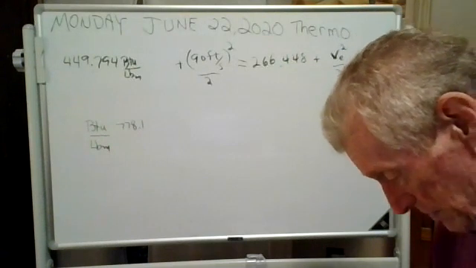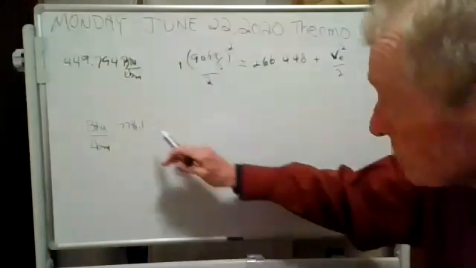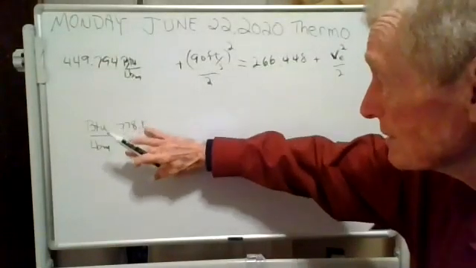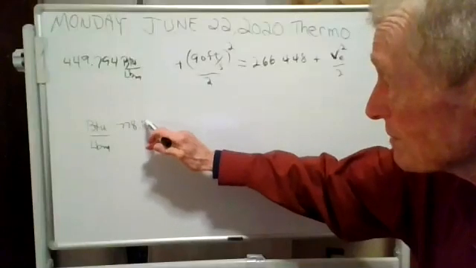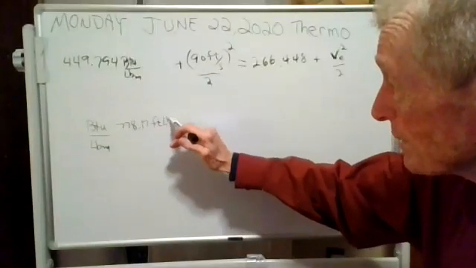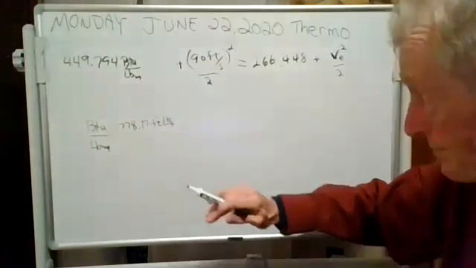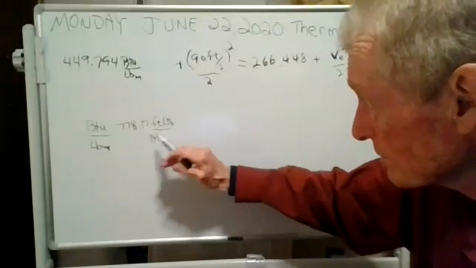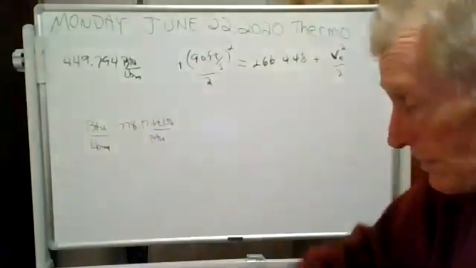Yeah, there it is. 778.17. That's what it is. 778.17 foot-pounds force per BTU. See, I'm going to do that to get rid of the BTUs.